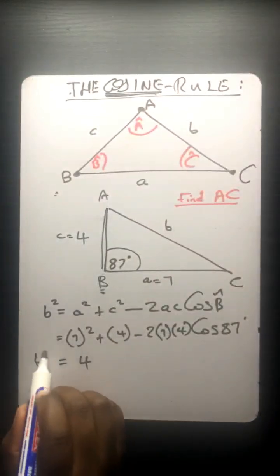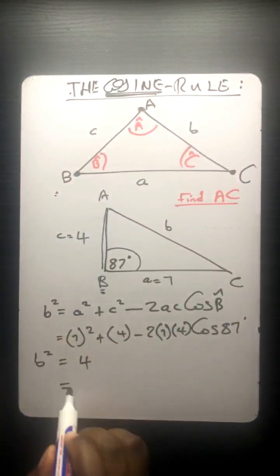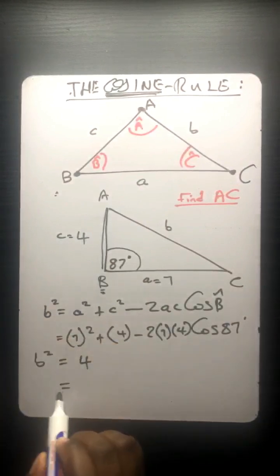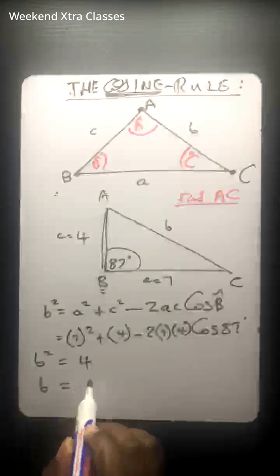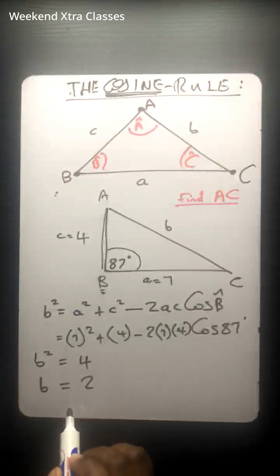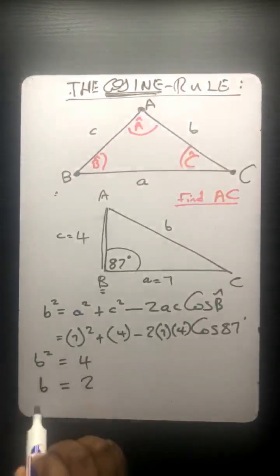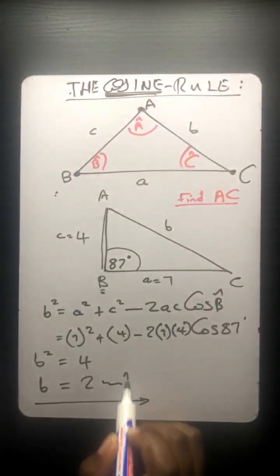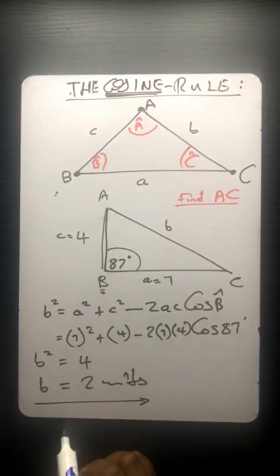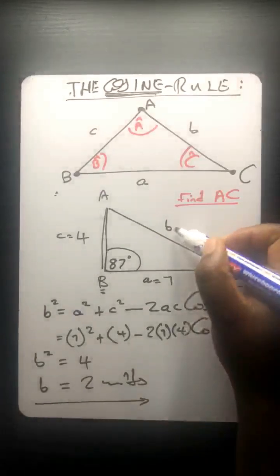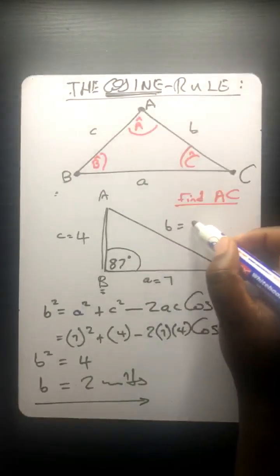But remember, that 4 is equal to b squared, meaning you can square root that. Let's say plus or minus 2, then you have 2 because sides are always positive in mathematics. So now, can you see you've got 2 units? That means this side is 2 units.